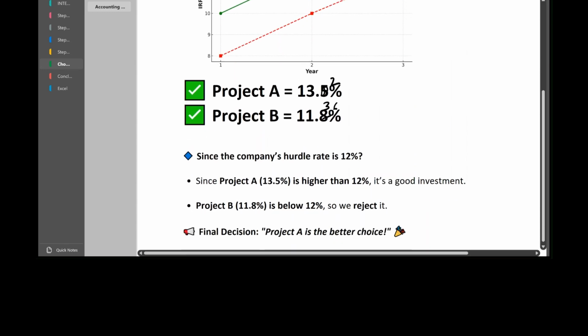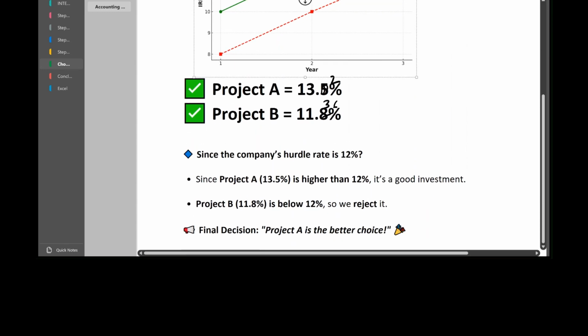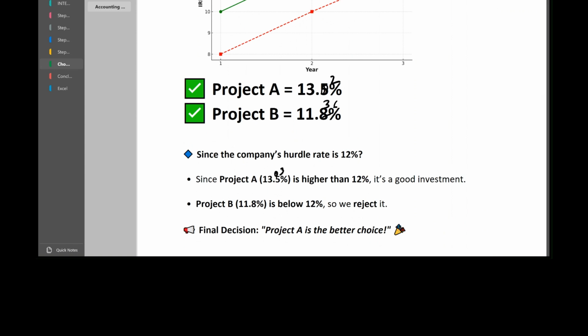Since project A generates 13.02% and project B 11.36%, the IRR of project A is greater than the hurdle rate, which is 12%.